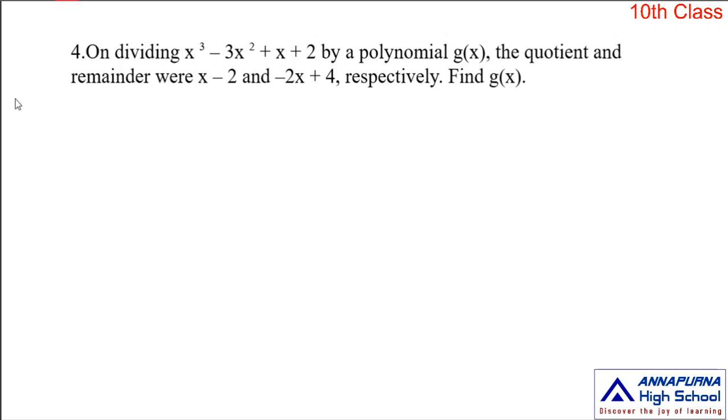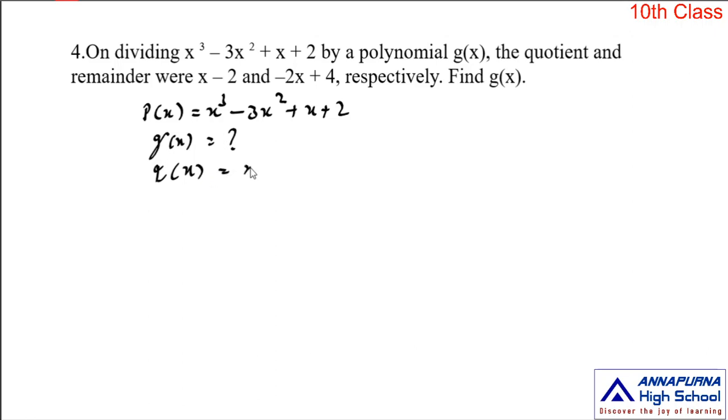Before that, first we write the given. Generally we take the dividend as p of x, so p of x is equal to x cube minus 3x square plus x plus 2, and g of x is the divisor, we don't know. q of x, the quotient, is equal to x minus 2, and r of x, the remainder, is equal to minus 2x plus 4.